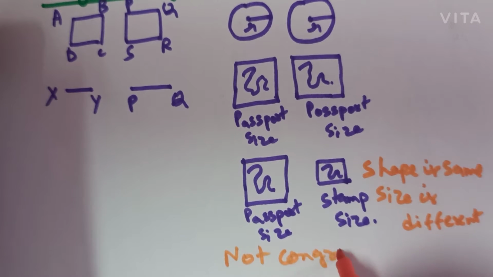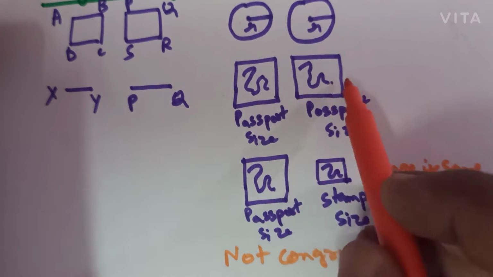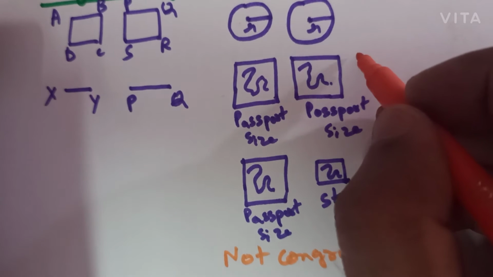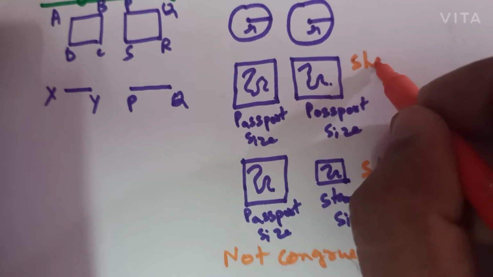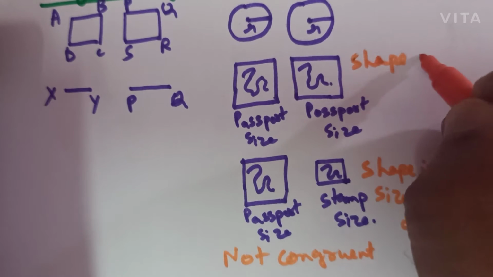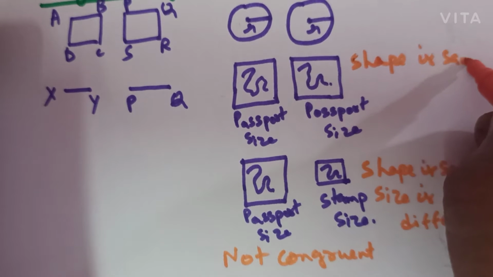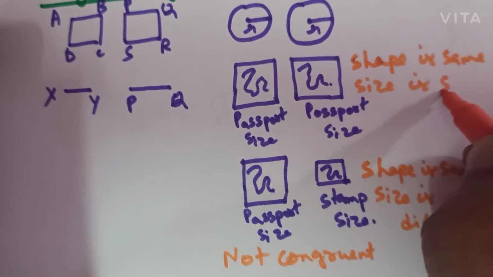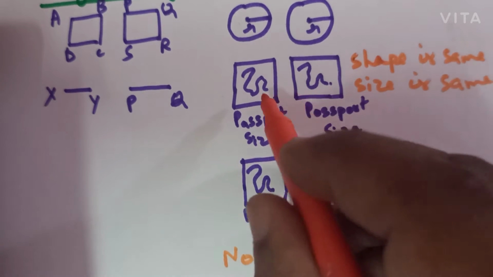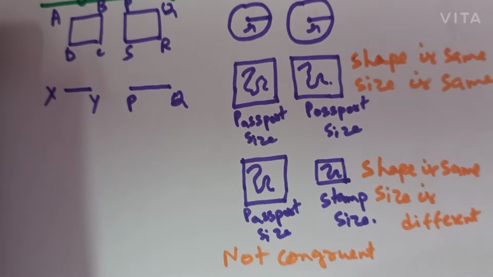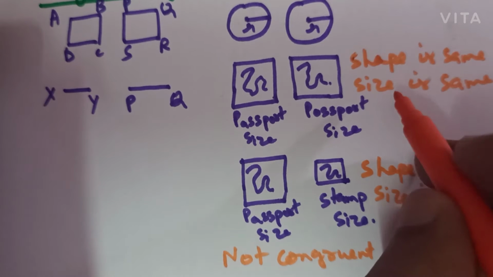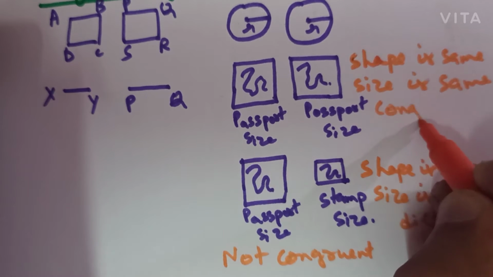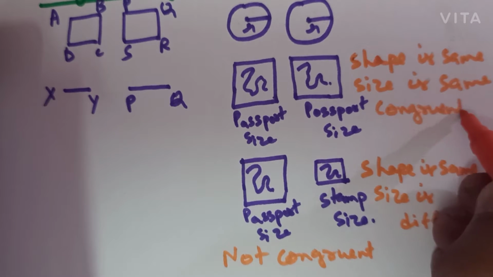But if we look at the two passport size photographs, they have the same shape and the size is also the same. So these two passport size photographs are said to be congruent with each other.